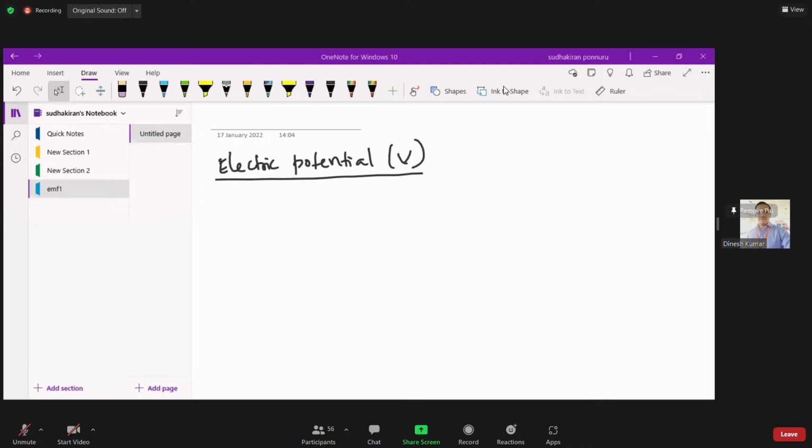Okay, so first of all, we will see the basic definition of electric potential.